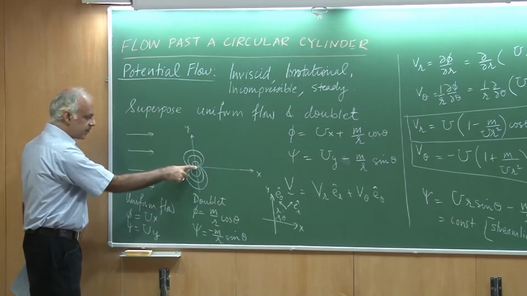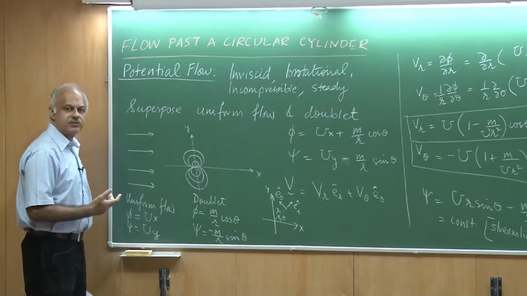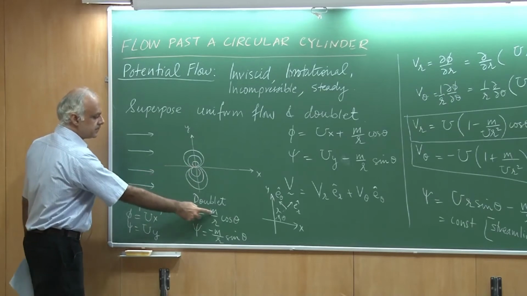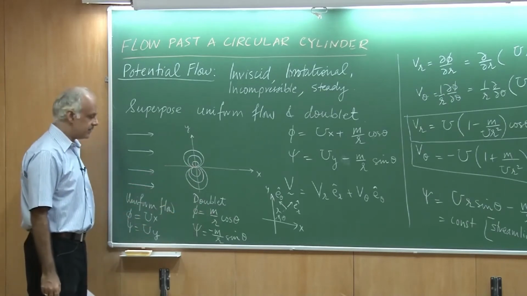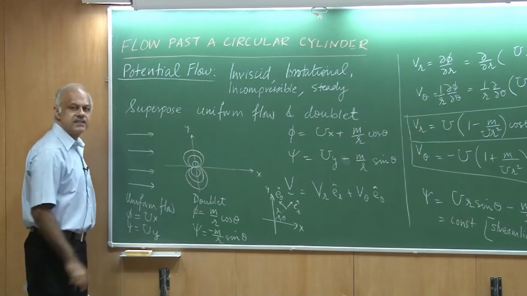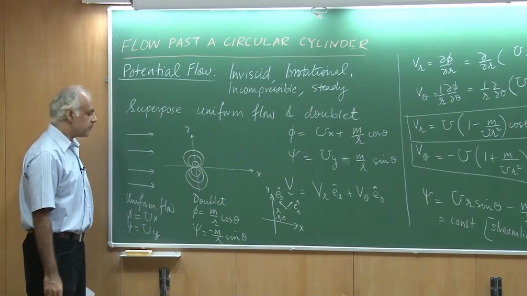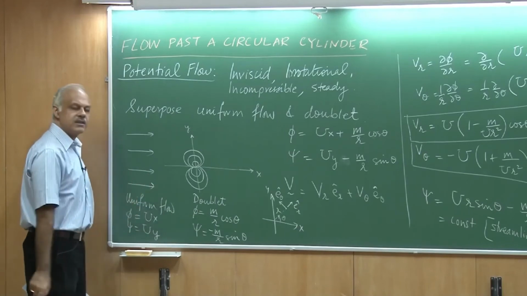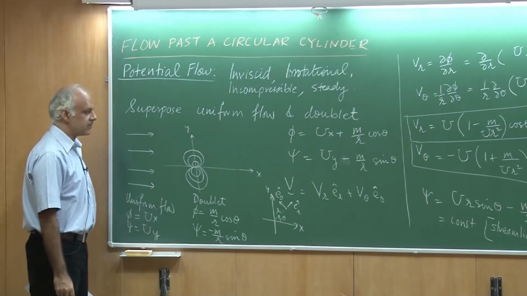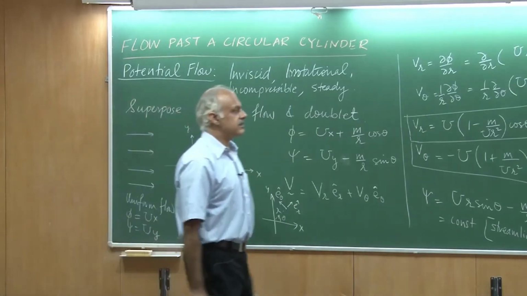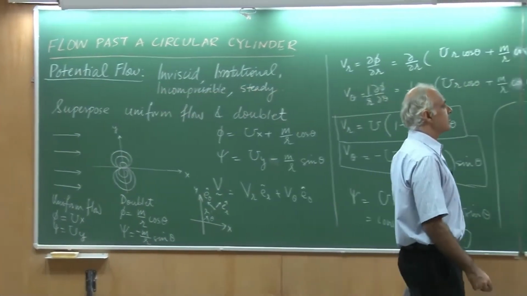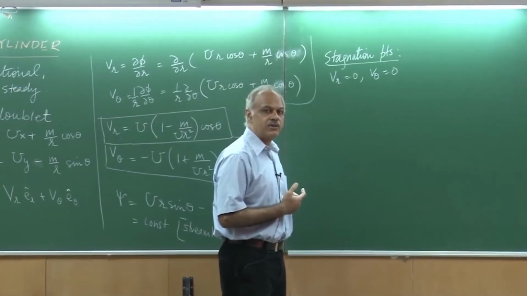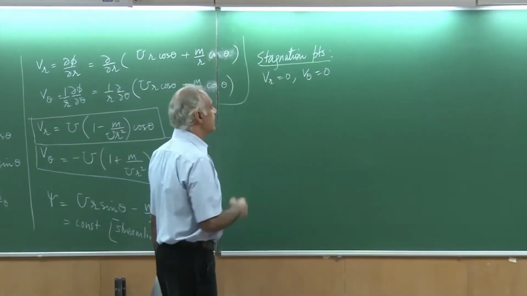But as I get close to the origin, of course, the doublet is going to be significant. So, the stronger my m, the stronger the strength of the doublet, the larger would be the region where the doublet would be important. If m is small compared to u, then I would have a smaller effect of the doublet. Okay, so, the stagnation point essentially is also representing what is the effect of the doublet on the flow. So, there are many effects, this is one effect.